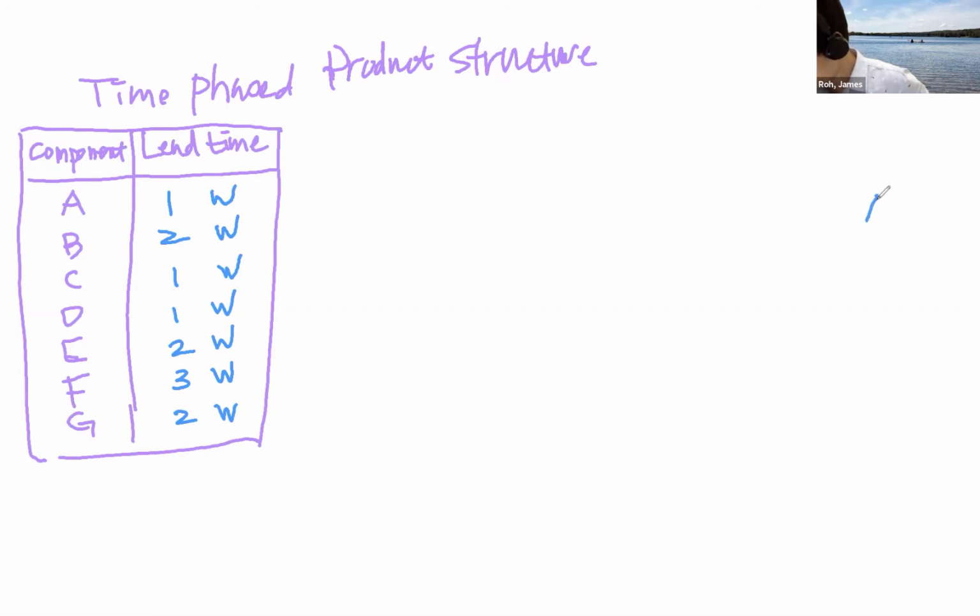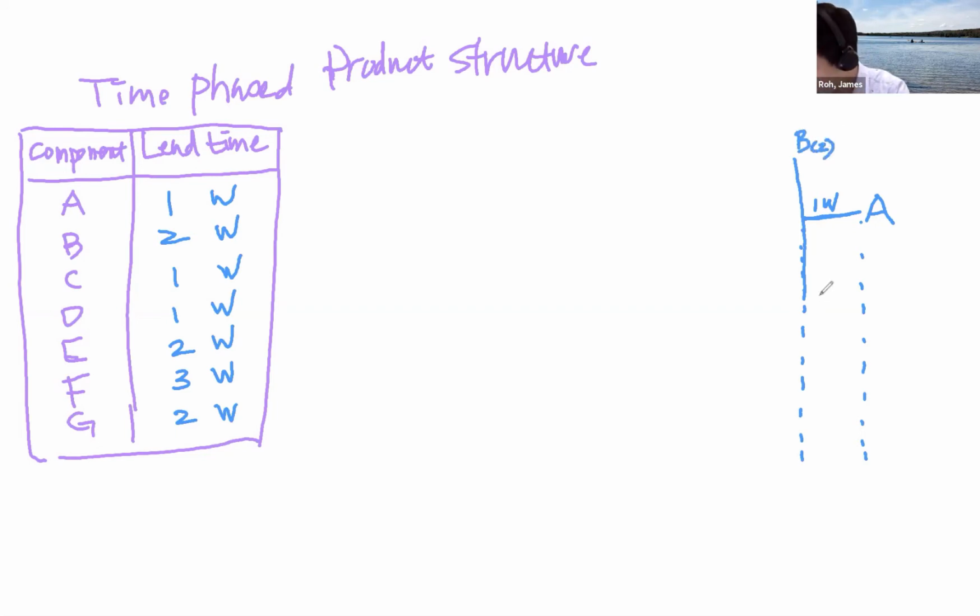I'm going to start with product A here, and I know that it takes 1 week, so I'm going to draw a line like this and say, yeah, this is 1 week. And then in product structure, I learned that A branches out into 2 products, B and C. So B, I need subscript of 2, B2.